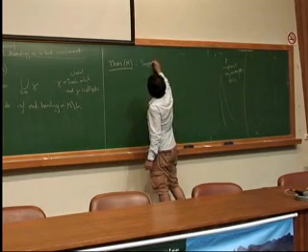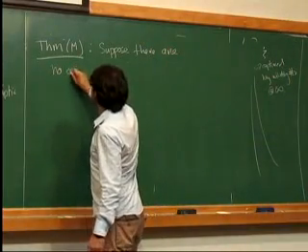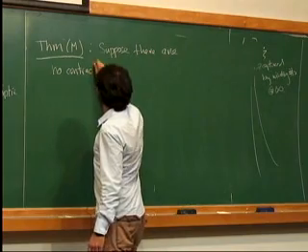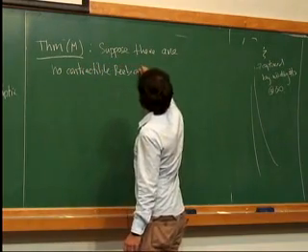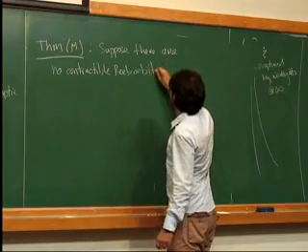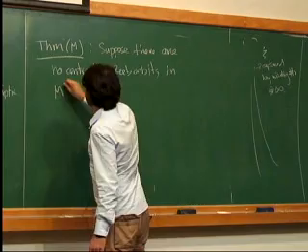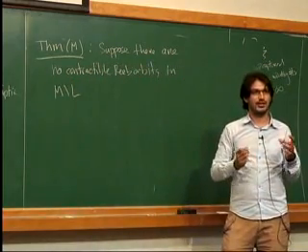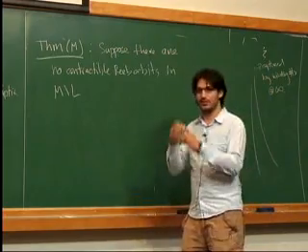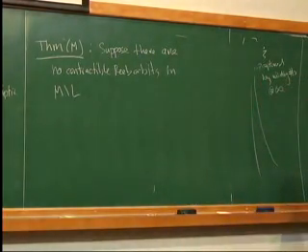Suppose there are no, we have to know something else first. Contractible Reeb orbits, closed Reeb orbits in M minus L. By contractible, I mean contractible in M minus L, not just in M. So as long as one of these orbits intersects any disk that caps them off, that should be okay.